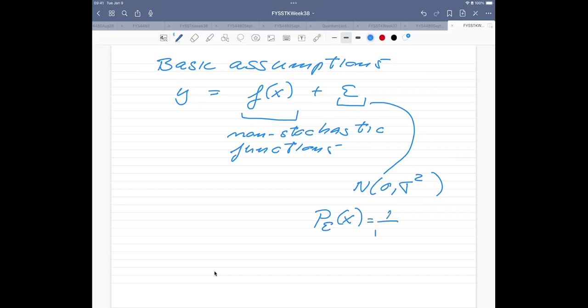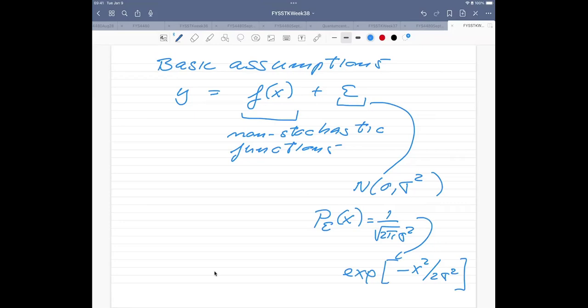This is given in terms of a normal distribution, or it's just a Gaussian, 1 over the square root of 2 pi sigma squared, and this is multiplied with the exponential of minus x squared divided by 2 sigma squared. And I guess you've seen this distribution before. So this is a standard normal distribution with zero mean value.